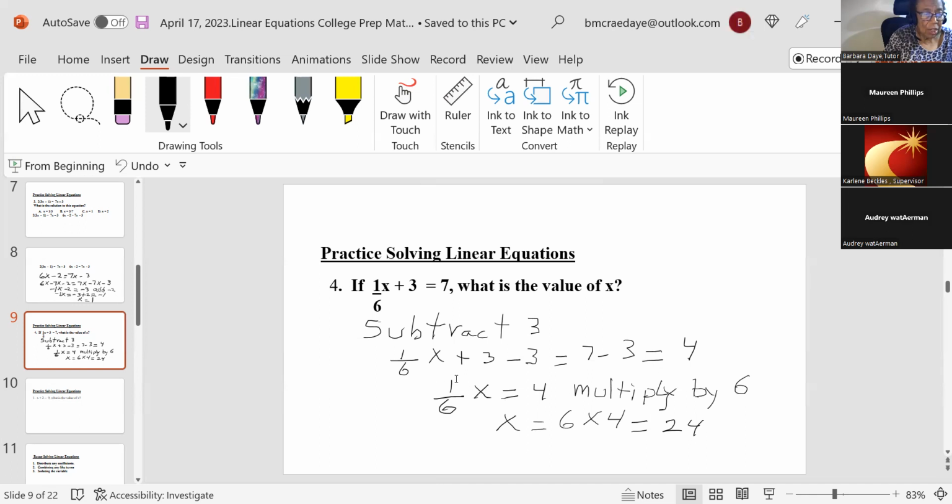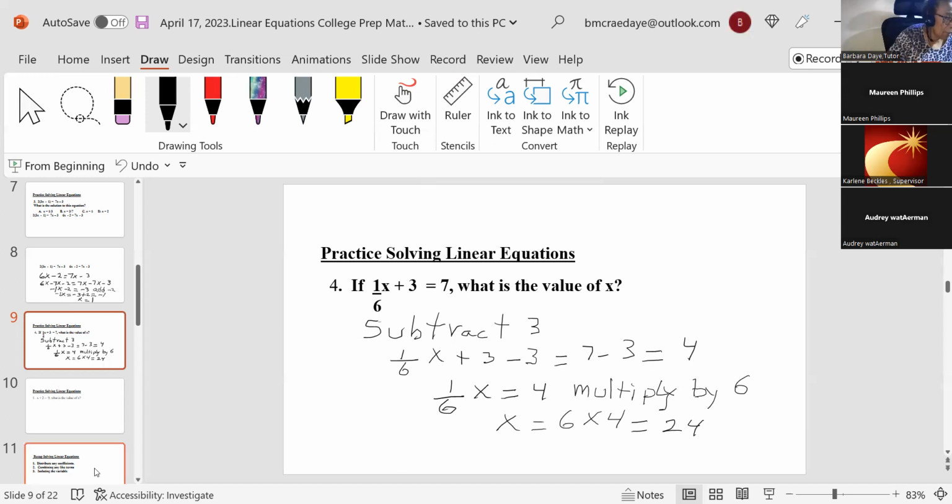That's 24. In other words, 24 in the numerator divided by 6 equals 4. That's what you did, Maureen, right? So I'm just saying how you can simplify your life by not having to go through each algebraic step. Got it?